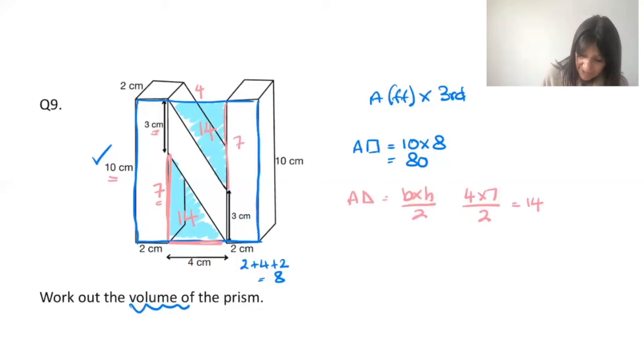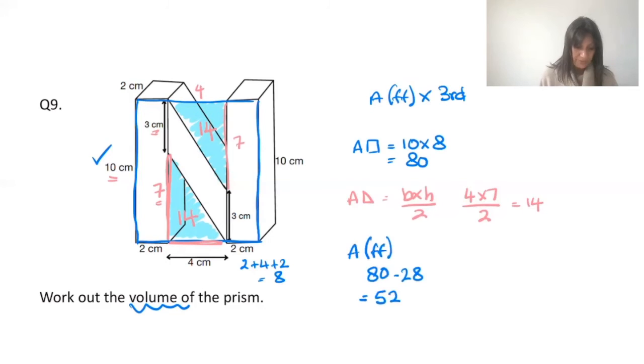So the area of my front face is the 80. Take away the two triangles, which is a total of 28. That gives me 52.